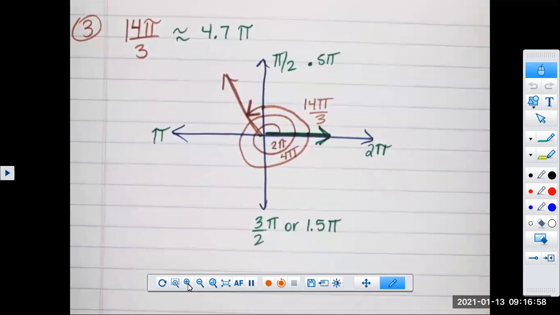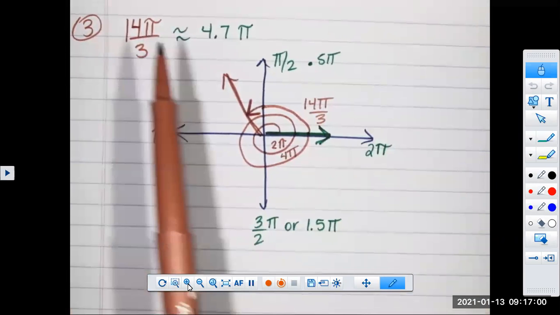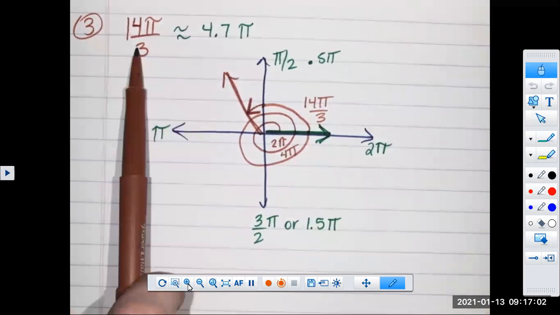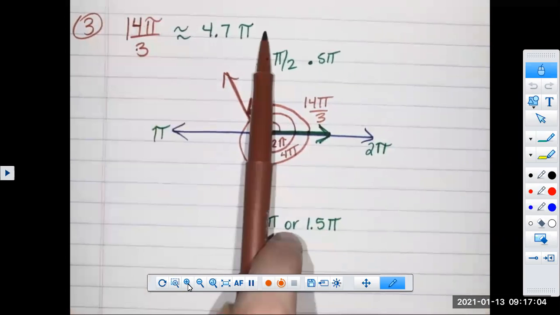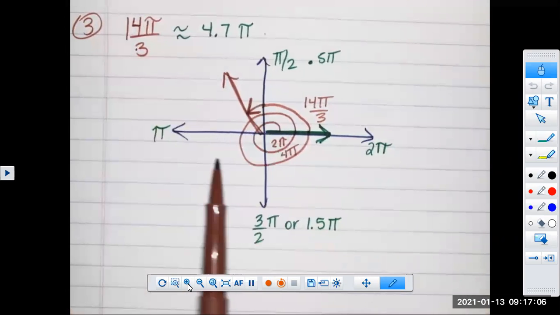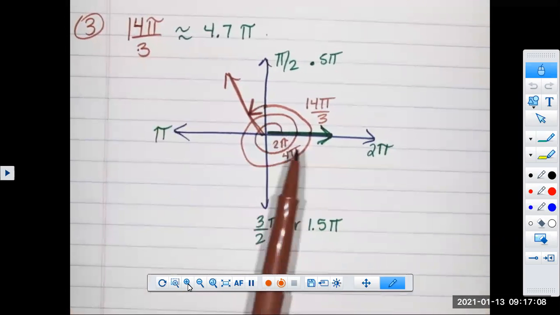So if you have one that you know is over one rotation, I would divide this and get the decimal. You know that every half rotation is pi or all the way around is 2 pi. So you just keep adding it up as you go.